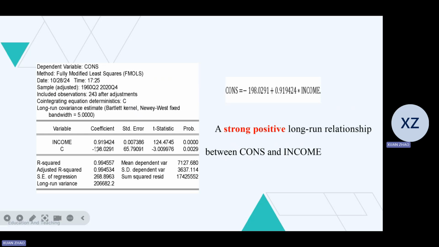This figure is the coefficient of the constant, and this figure is the coefficient of income. We can see that there is a positive long-run relationship between consumption and income. Here we can also get the R-squared, which is 0.99. So there is a strong positive relationship between consumption and income.